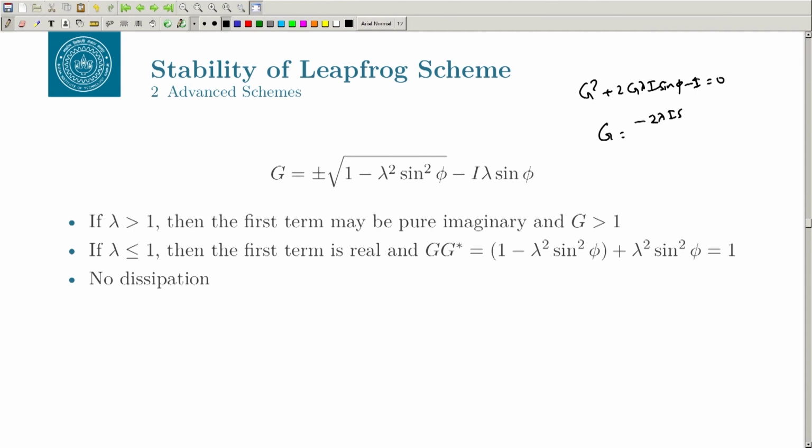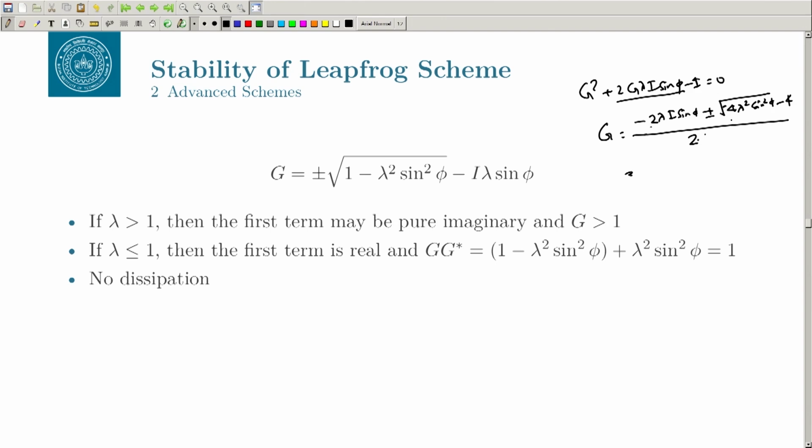I am solving for G: G = -b plus minus root of b^2 - 4ac, by 2a. So b^2 is 4 lambda^2 I^2 sin^2 phi, and then minus 4ac.